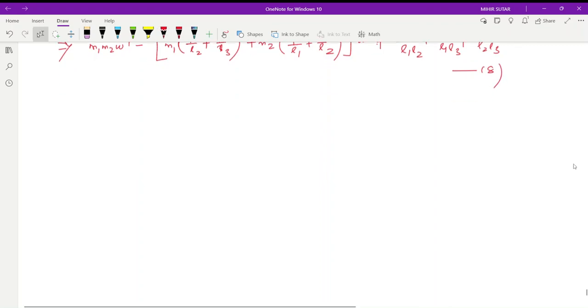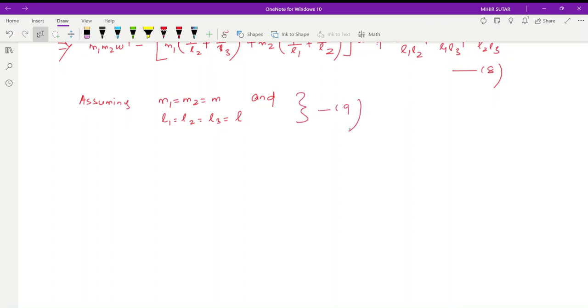Okay. Now assuming M1 is equal to M2 is equal to M, and L1 is equal to L2 is equal to L3 is equal to L. Let's say this is 9.